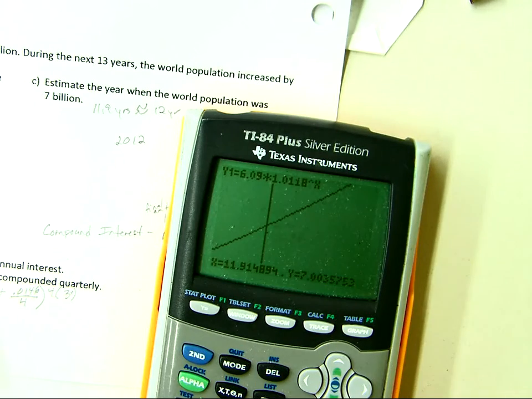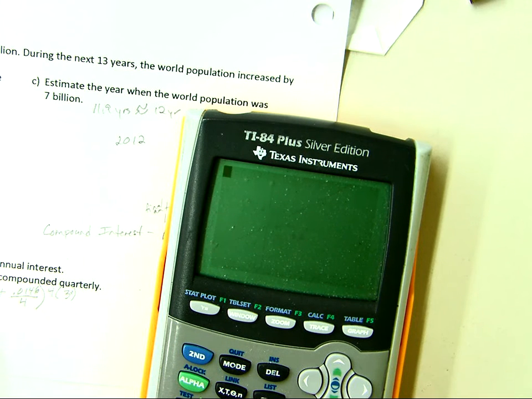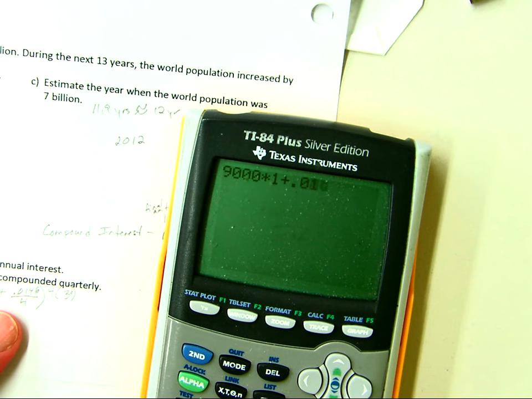Well, we just worked that out on a calculator. So you can take 9,000 times 1 plus 0.0146 divided by 4. And the exponent here is 4 times 3, which is 12.